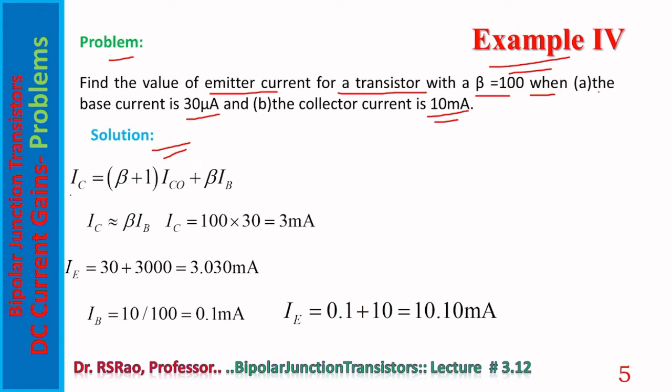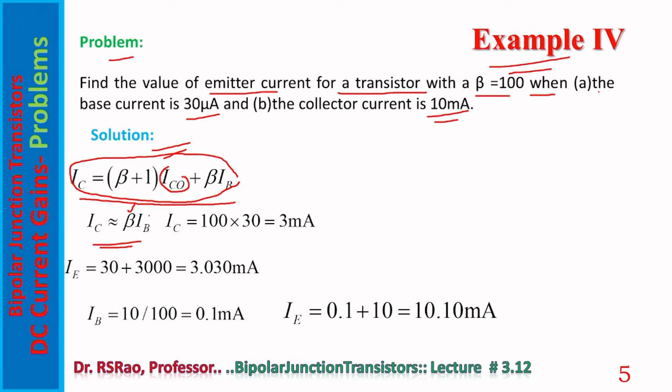We can consider the collector current relation, a popular relation. IC equals (beta plus 1) ICO plus beta IB. ICO usually is very small and hence it can be neglected. When it is neglected, IC becomes equal to beta IB.